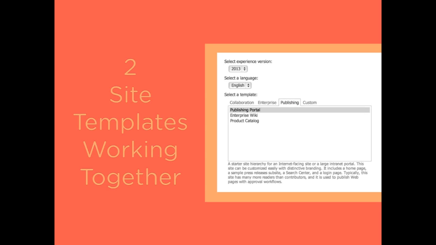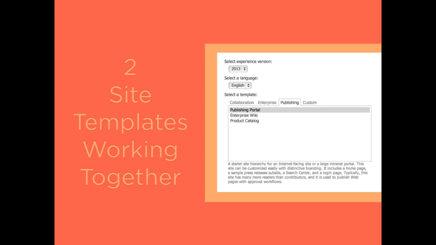Now, do you have to use these site templates? No, not necessarily, because these are all features that you can activate later on. But what we're going to need to use is the site collection where we're going to author content and create content. We're going to create the product catalog. As you can see, I wish I could use my arrows, but they don't appear in my mouse for whatever reason.